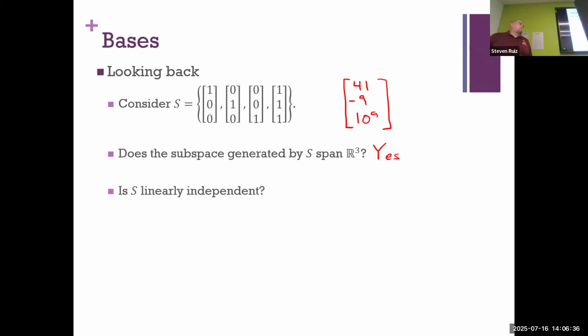I see a shake of head. No. See other shakes of heads. Why not? You had the first 3, you get the 4th one, right? So I have a thing that spans the overall space I care about. They're not linearly independent.